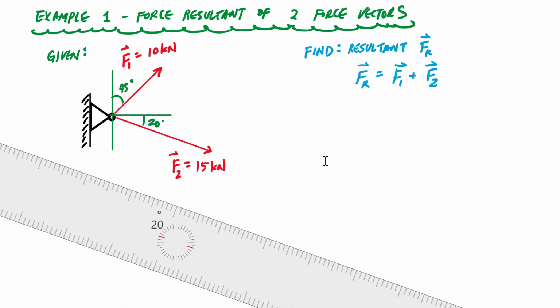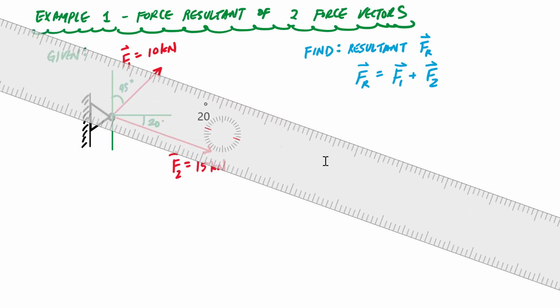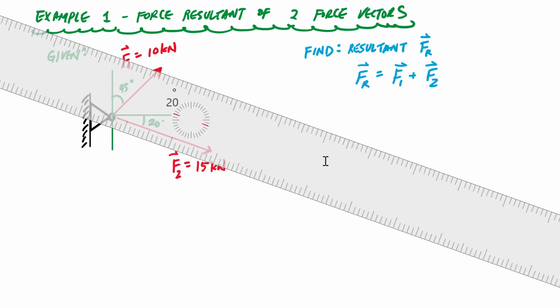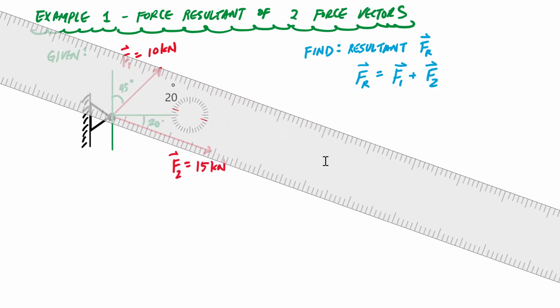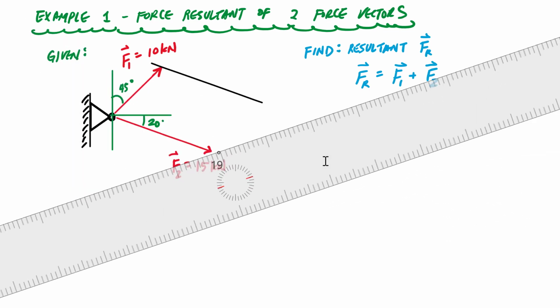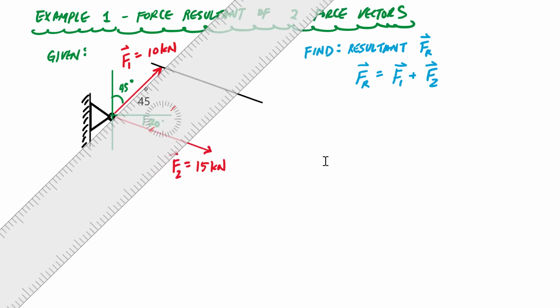Here, I'm going to go to the head of each vector. So here I'm at the head of vector 1, and I'm going to draw a line at the head of vector 1 that's parallel to F2. And then I'm going to go to the head of vector 2 and draw a line that's parallel to F1.